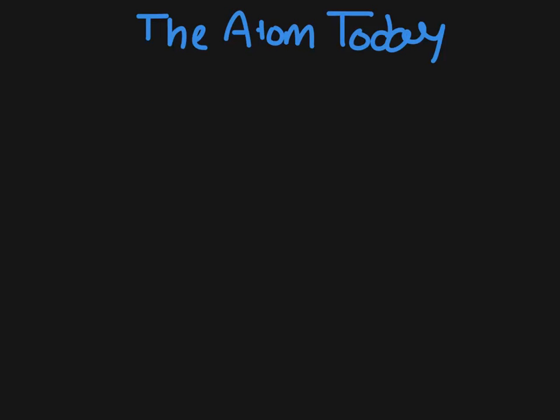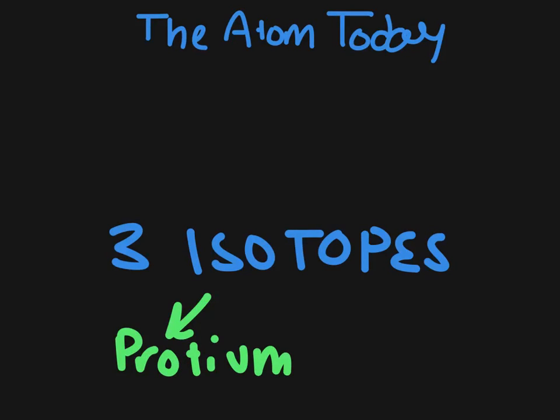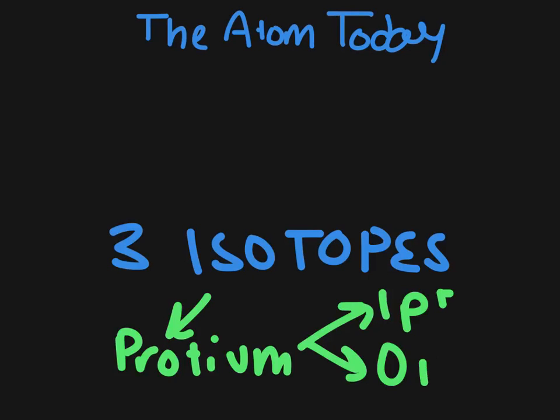So let's look further into hydrogen a little bit more. Hydrogen really has 3 isotopes. They are known as protium, which has 1 proton, but it has 0 neutrons.